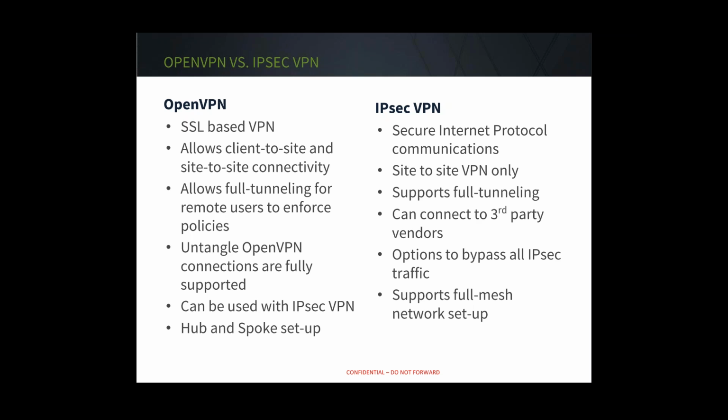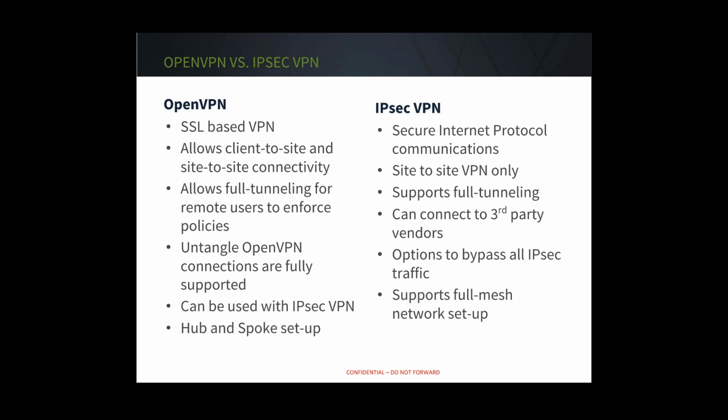And again, this is OpenVPN, which is part of our free offering. It also allows full tunneling for remote users to enforce policies. Untangle's OpenVPN connections are fully supported. It can be used with IPsec VPN, and it can be used as a hub-and-spoke setup.